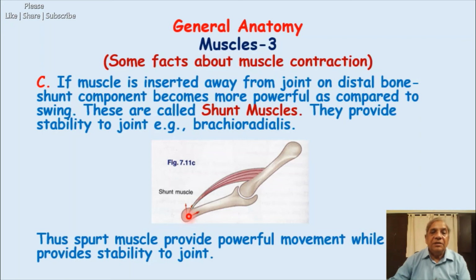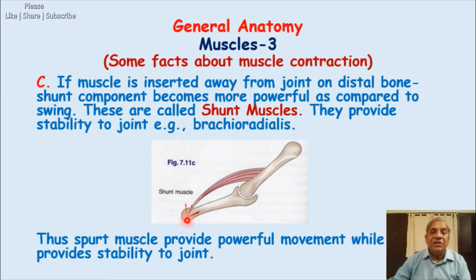Now here, if you resolve the forces which are acting on the distal end of the distal bone, then you can see this is the shunt component, and this component which is red here, going upward, is the swing component, and the swing component in this case will be very weak, okay, it's very weak.